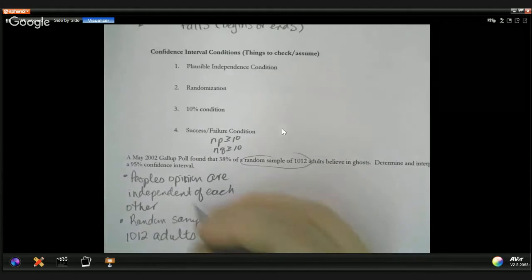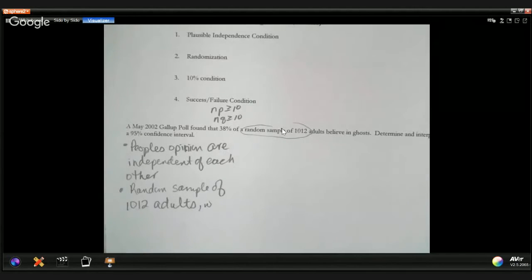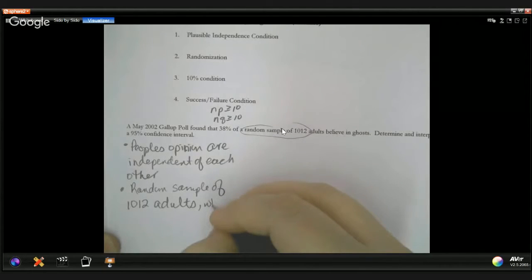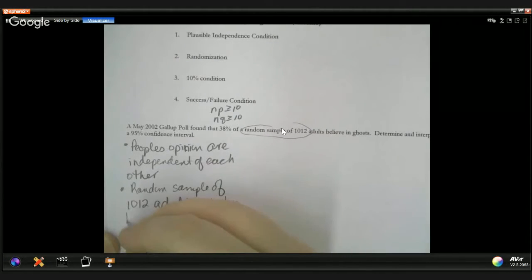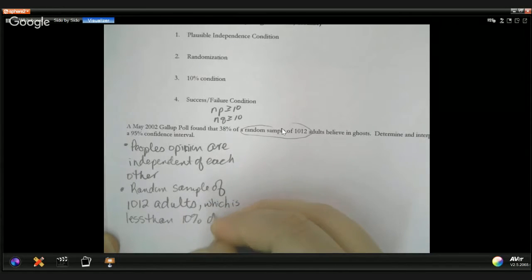Third condition is 1,012 less than 10% of the population. So I'm going to combine those two again. It's a random sample of 1,012 adults, which is less than 10% of the population of adults.